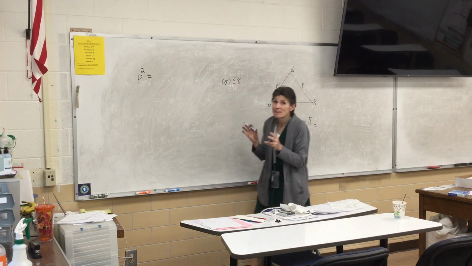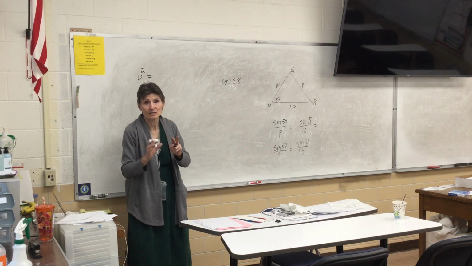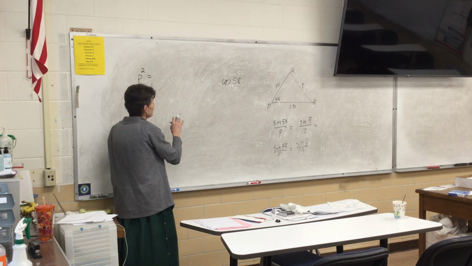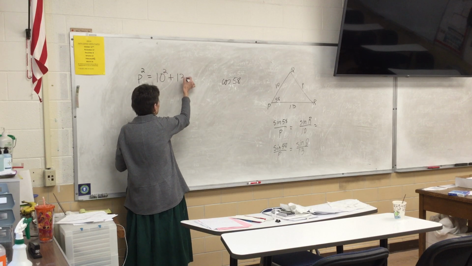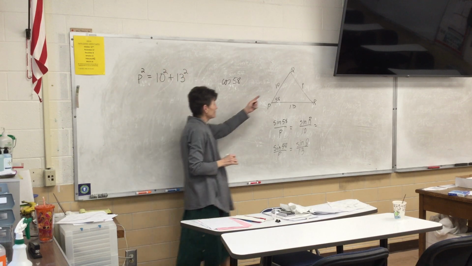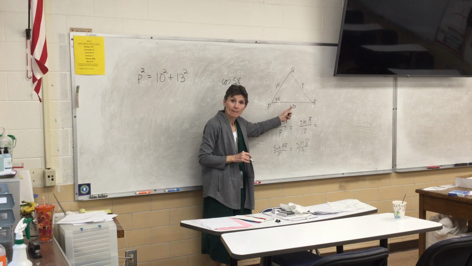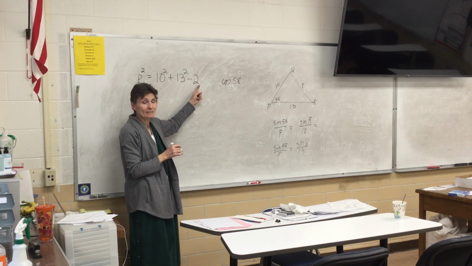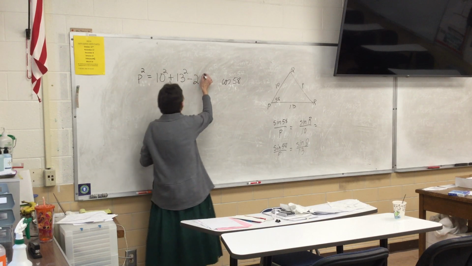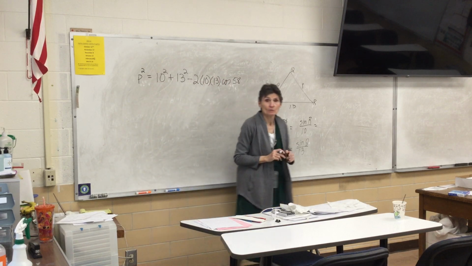And then in the middle, you always have the same pattern of stuff. In the middle, you have the other two sides squared. So I have 10 squared plus 13 squared. And then minus 2, that's part of the formula, it's always there, times the two sides. And that's the law of cosines.